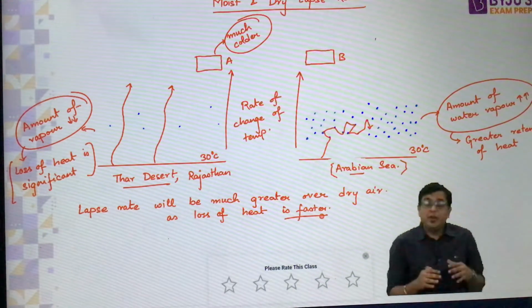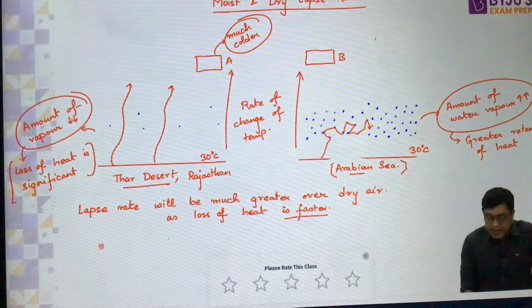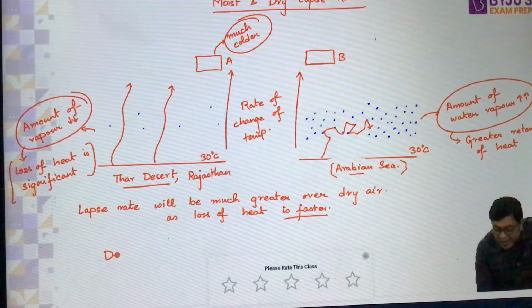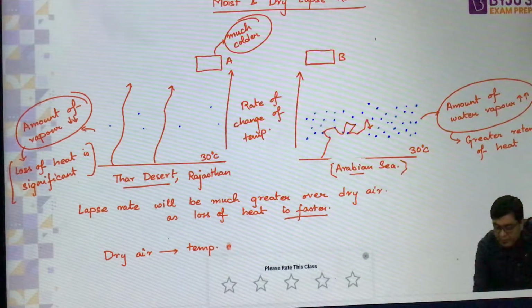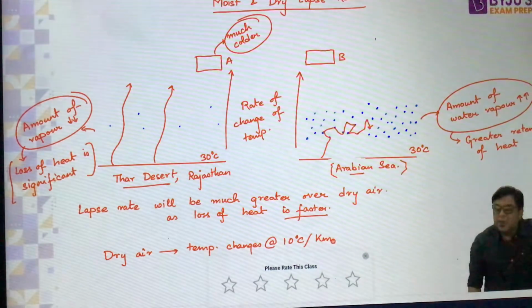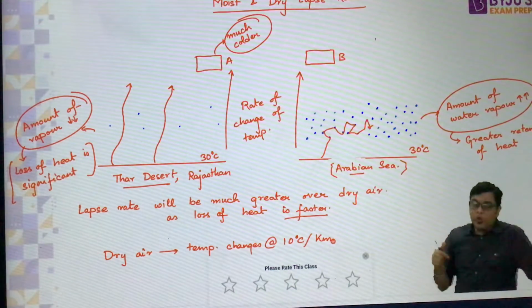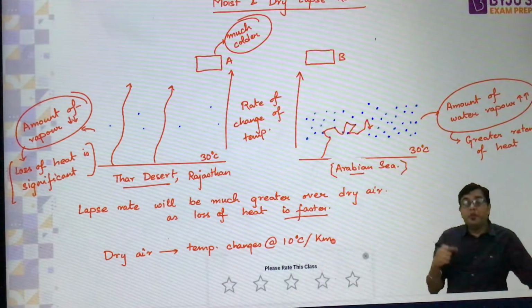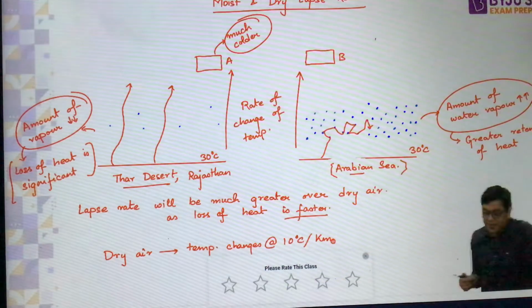So in general, in the region where you have dry air, temperature changes at the rate of 10 degrees Celsius per kilometer. Every kilometer that you go up, the temperature will reduce by almost 10 degrees Celsius.